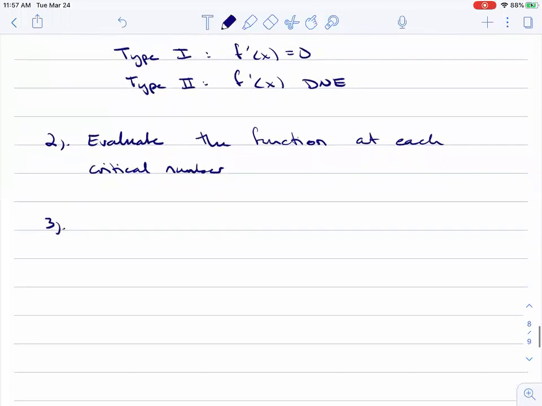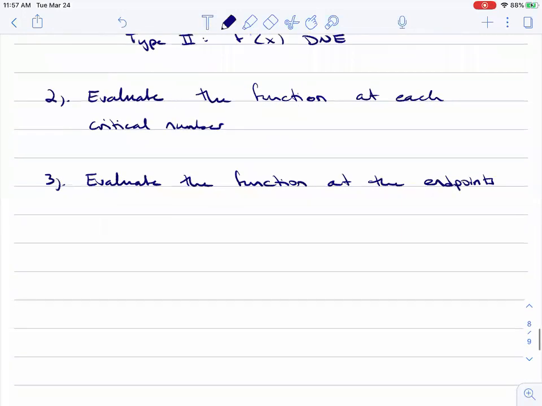And then evaluate the function at the endpoints A and B.